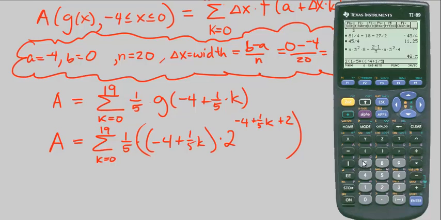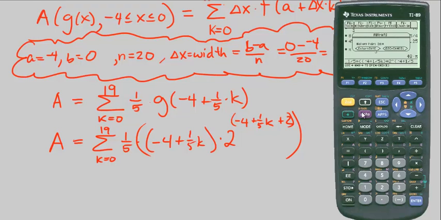K is above EE. Close the parentheses, times 2 to the power of, I'm going to open a parentheses for the power here: -4 plus 1/5 k.